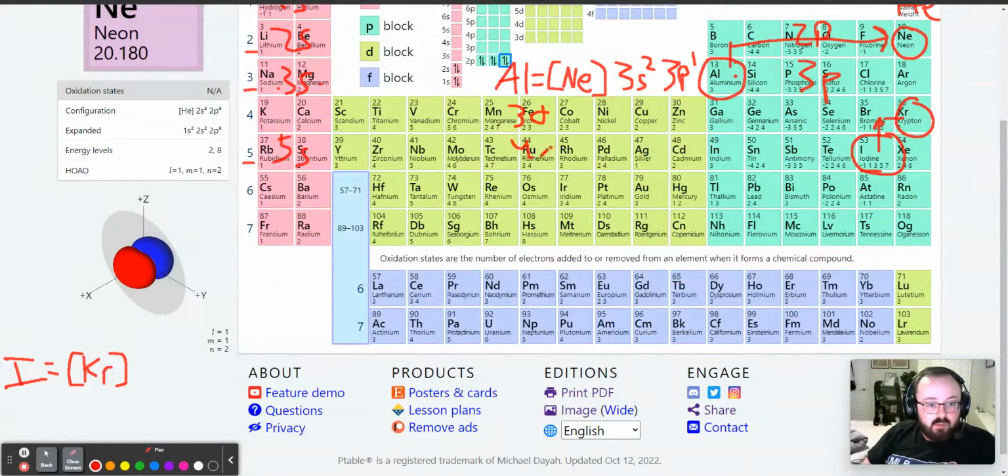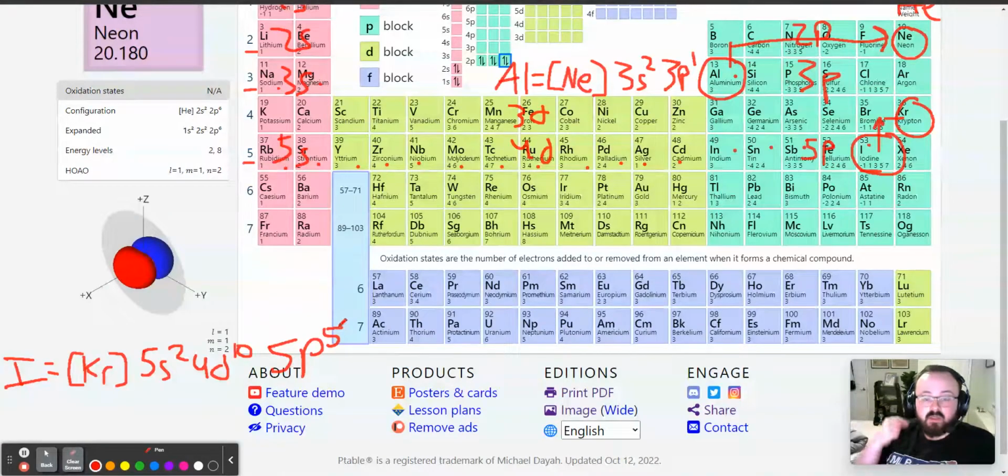Well, we have 5s, 1, 2, 5s2. This 4d is complete. 1, 2, 3, 4, 5, 6, 7, 8, 9, 10. 4d10. And then in our 5p, 1, 2, 3, 4, 5. 5p5. This is the noble gas electron configuration for iodine.